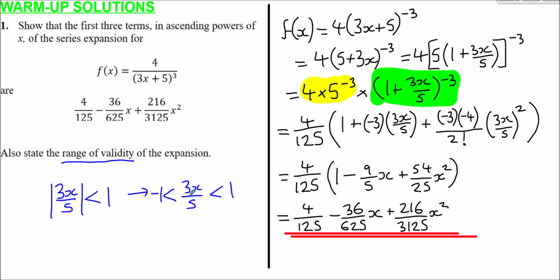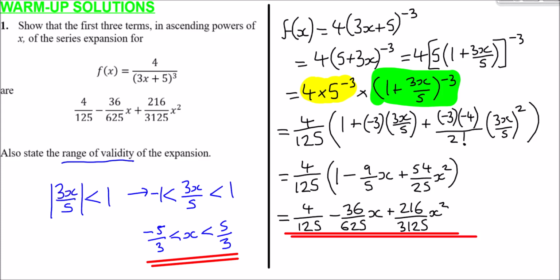If we now multiply both sides of this inequality by 5 and then divide through by 3, we're going to have minus 5/3 up to 5/3. And that's the range of validity. That's the range of values of x which will make this expansion valid and convergent towards the actual exact value of what f of x would be for any particular value of x within this range, of course.